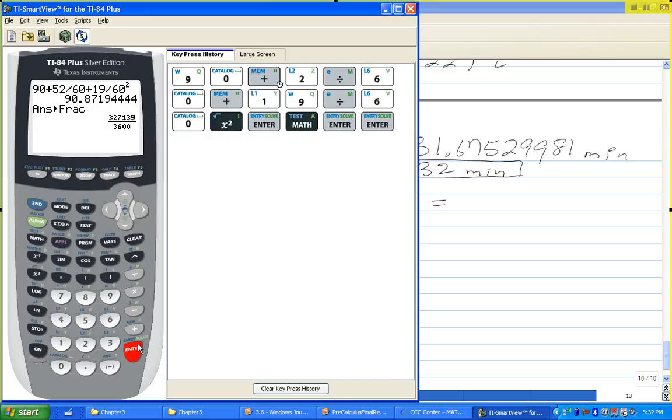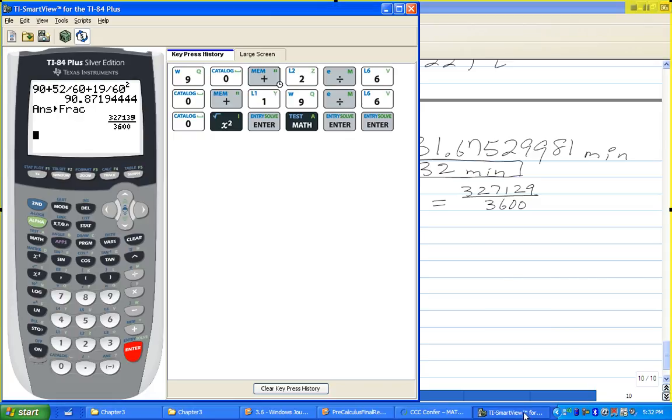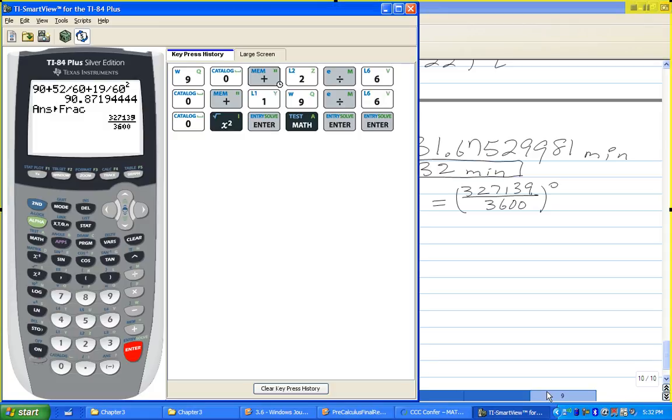So it is 32,7139 degrees, which is approximately 90.8719.